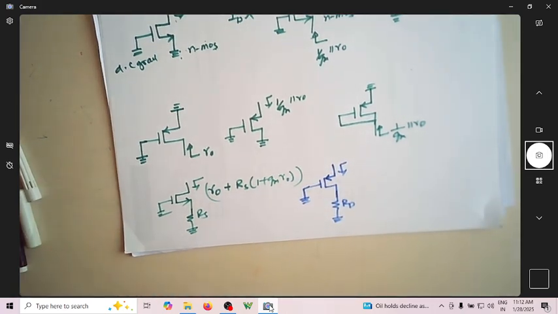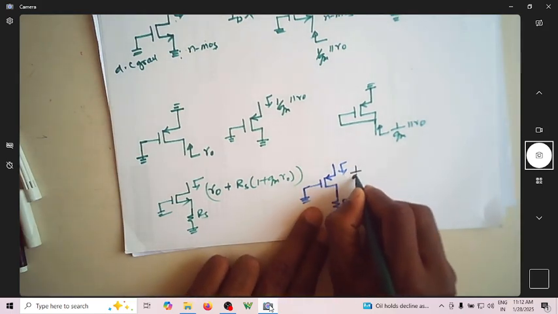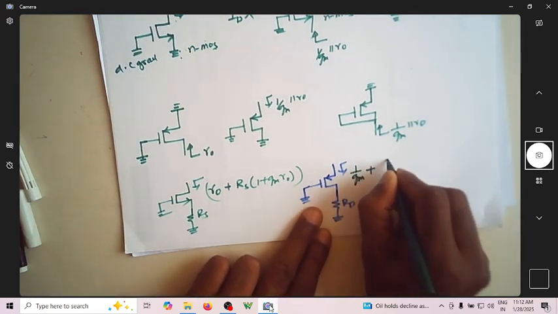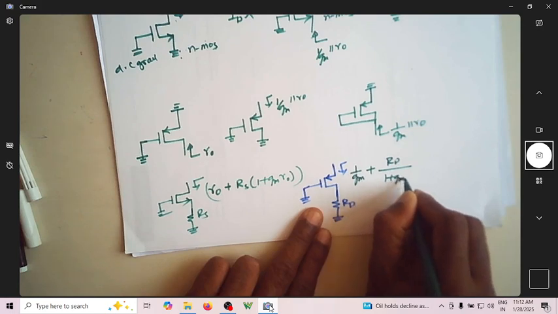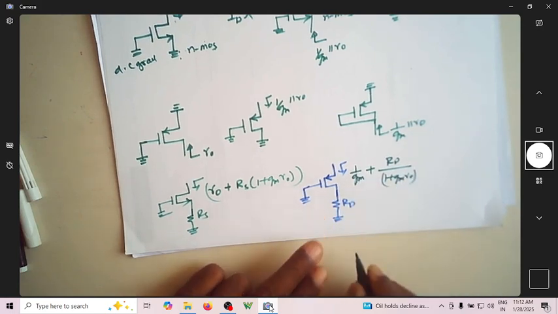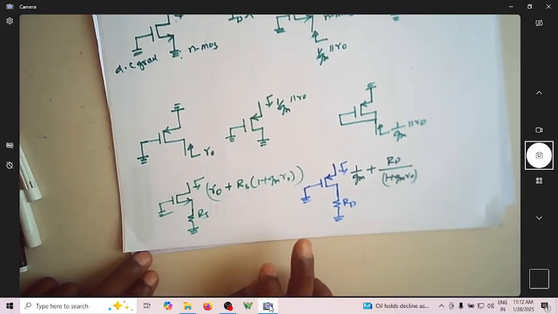When you are looking towards the source, the resistance is 1 over Gm plus RD divided by 1 plus Gm into R0. This is true for both NMOS as well as PMOS transistors.